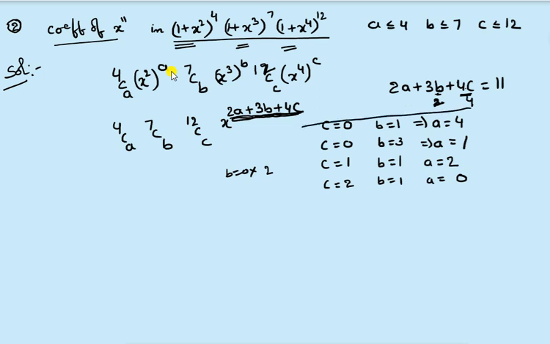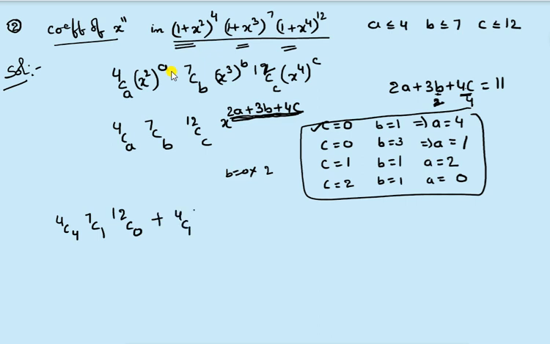That's why these are the possible values. So we can say the coefficient of x to the power of 11 is equal to 4C4 into 7C1 into 12C0 in the first case, plus next 4C1 into 7C3 into 12C0 in the second case, next 4C1 into 7C3 into 12C1, sorry, here 4C2 into 7C1 into 12C1, and the last case 4C0 into 7C1 into 12C2.